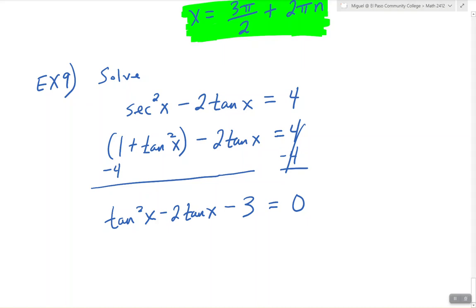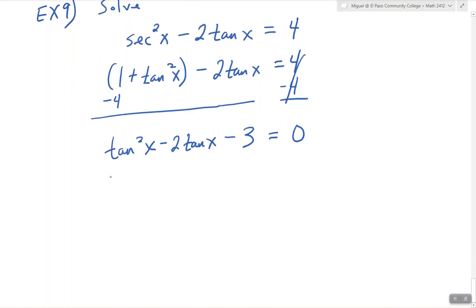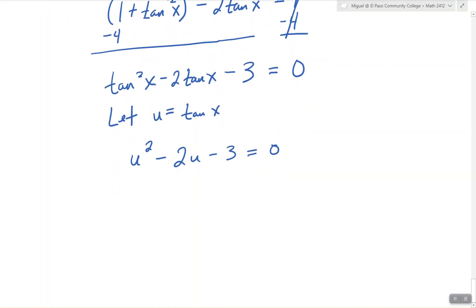Good. If not, if you need to change it to u substitution, you can. Normally we let u be the middle trig term. So it would look like this: u squared minus 2u minus 3 equals 0. And we can factor this, looks like. Minus 2 in the middle, so it's got to be minus 3 and positive 1.